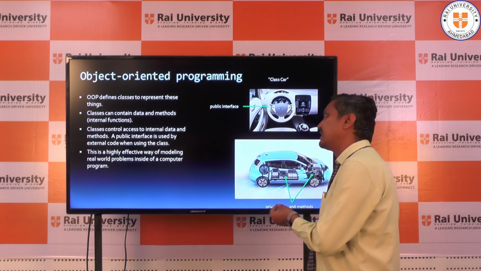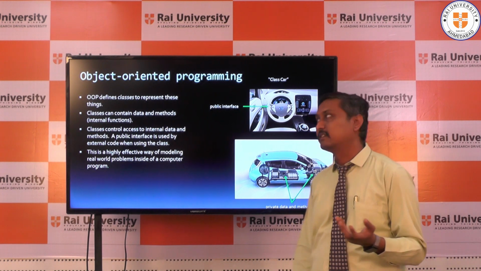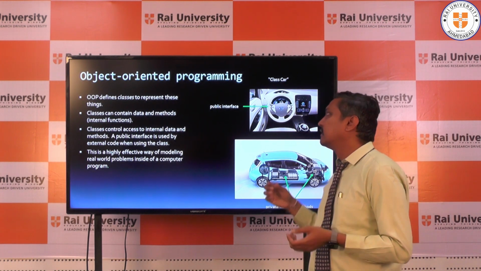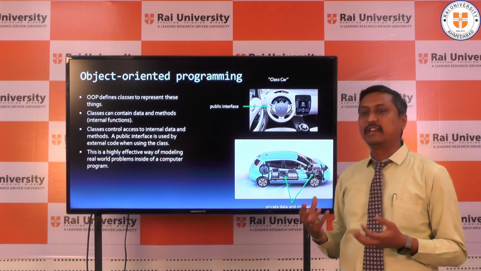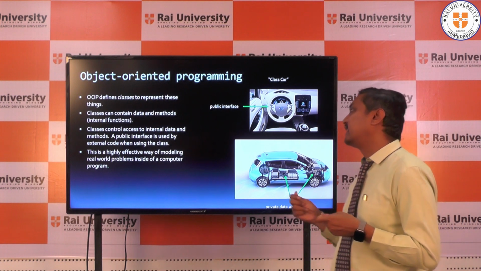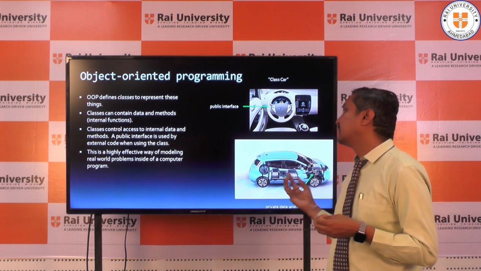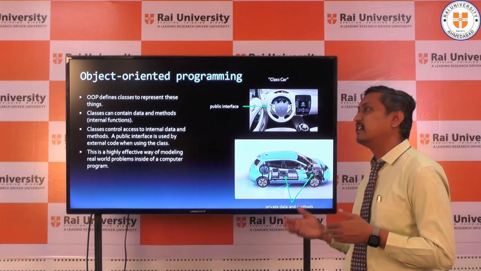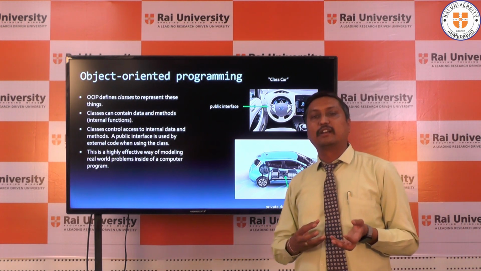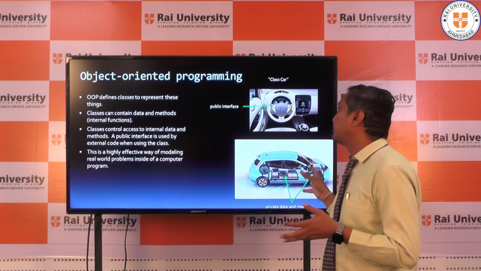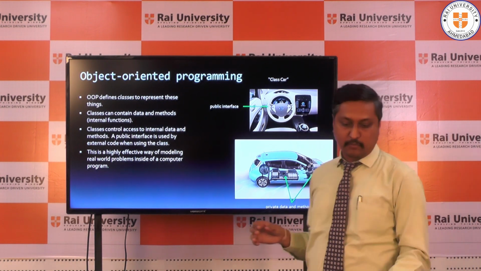And a real-life example, as I said earlier: the class is a car, and the public interface is the interior interface, and the private data or methods are the engine and its working. Here is the example of a class in object-oriented programming.